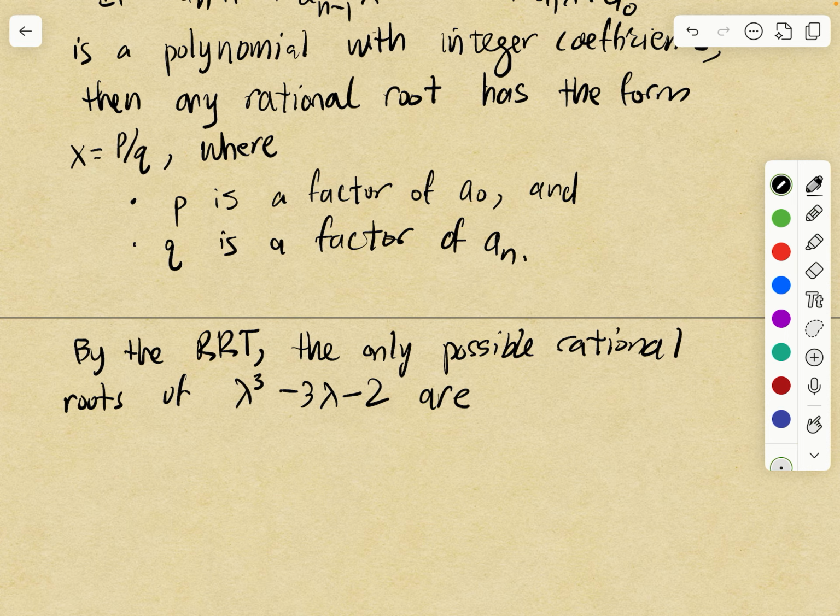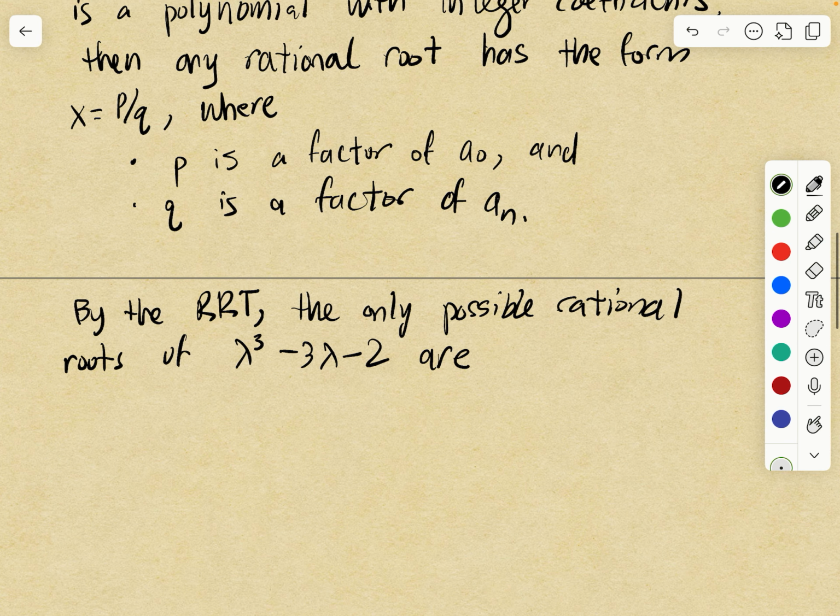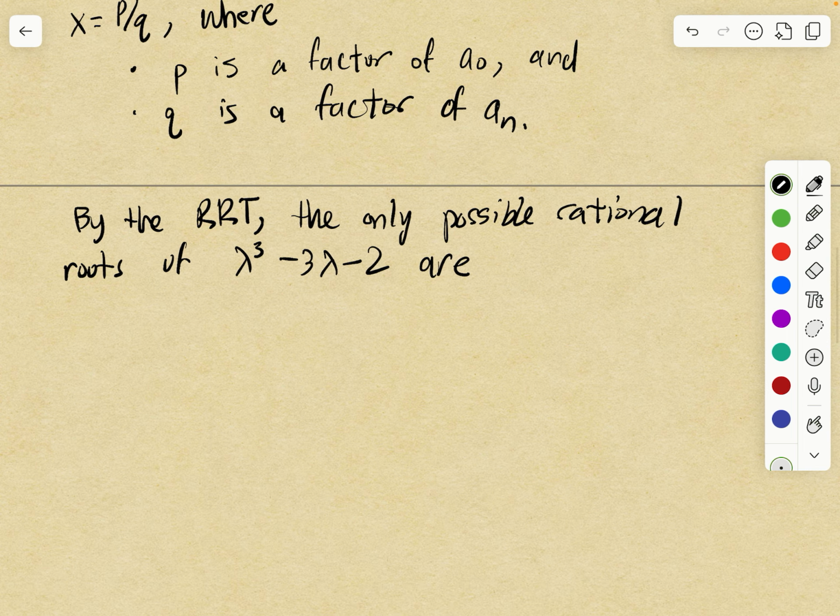When we say factor, we include positive and negative factors. So the possibilities for p are 1, 2, negative 1, and negative 2. The only possibilities for q are 1 and negative 1. So when you take all the possible p over q's, the only possible values you get are 1, negative 1, 2, and negative 2.